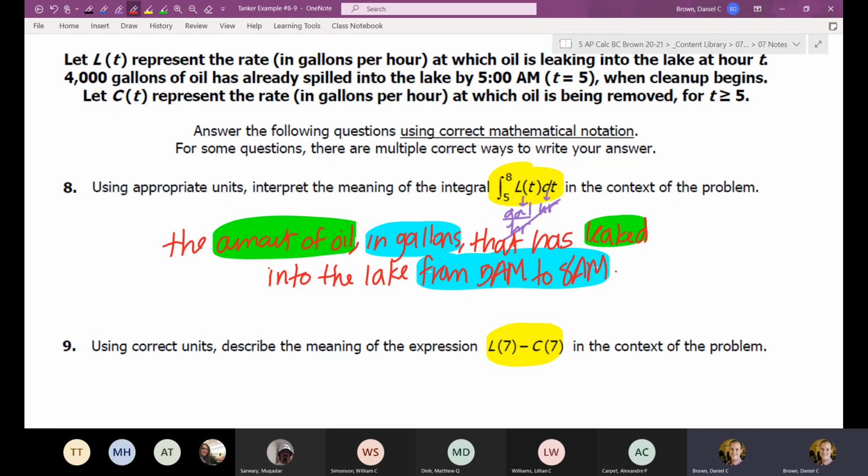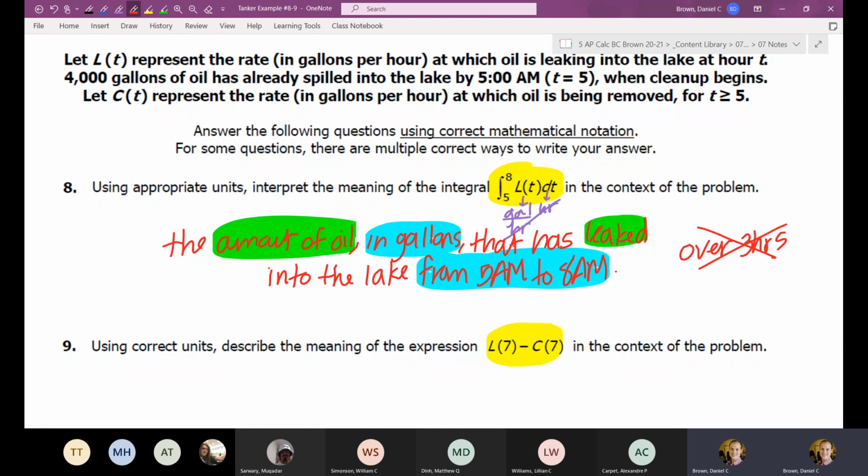A common thing I see on the AP exam that people lose points for is saying something like the amount of oil in gallons that leaks from the lake over 3 hours. Yes, from 5 to 8 is 3 hours, but you want to clearly state starting at 5 and ending at 8 a.m. So don't say something like that. Be very specific and in the context of the problem.